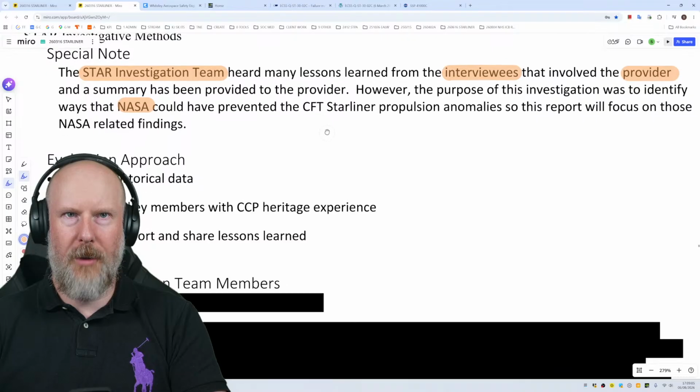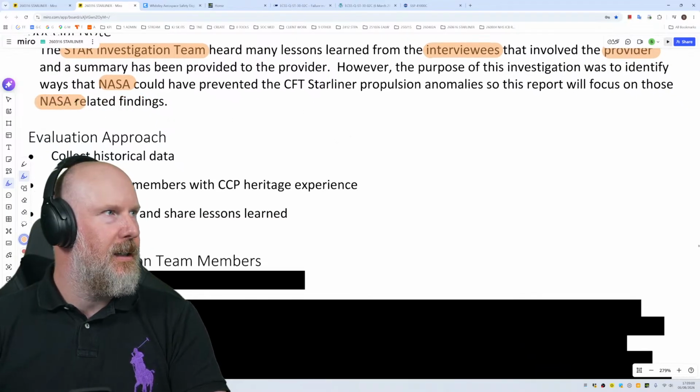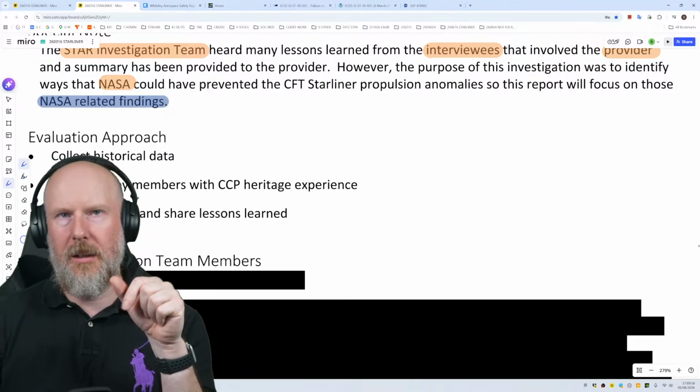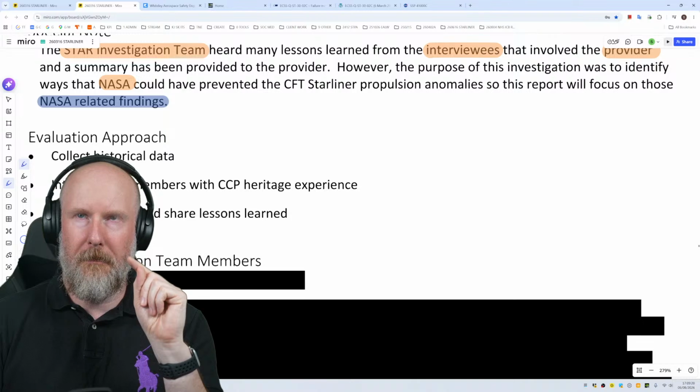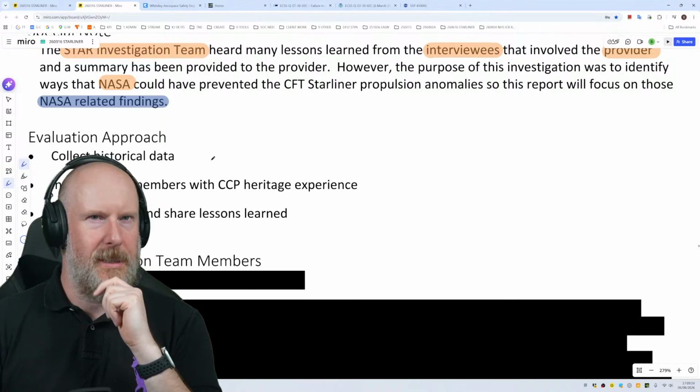So this report will focus on those NASA-related findings. Okay, that's interesting. So we're focusing specifically on the NASA-related findings. So this doesn't include the Boeing executive root cause corrective action analysis, if I recall correctly.